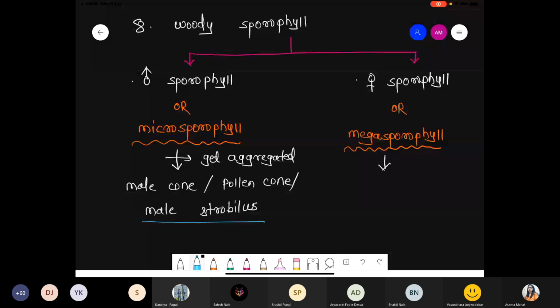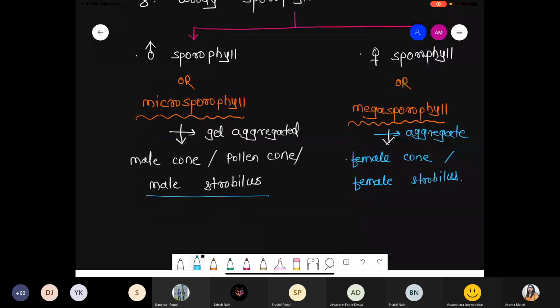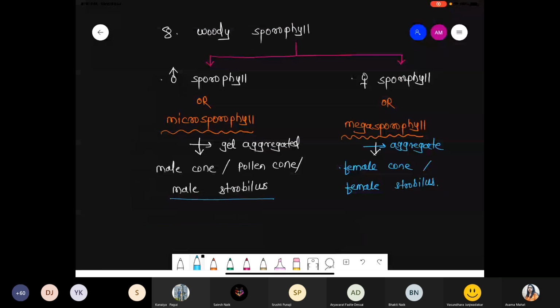Similarly, when megasporophylls get aggregated, finally they form the female cone, also called the female strobilus. That's it. This was the number 8 part, where we talked about woody sporophyll, microsporophyll and the megasporophyll.